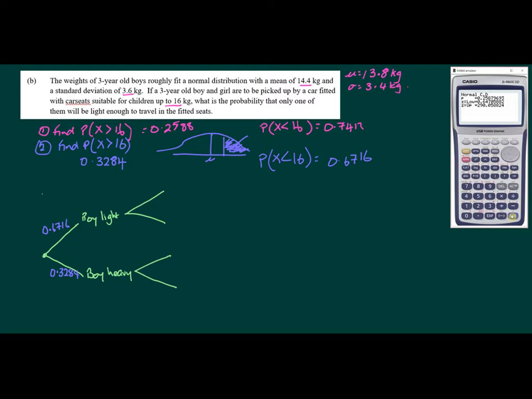So here we've got girl light, girl heavy, girl light, girl heavy. You can do this either way, girls first and then boys second; it doesn't really matter. For the girls to be light enough, that would be 0.7412, the same down here, and if they're too heavy, 0.2588 on each.